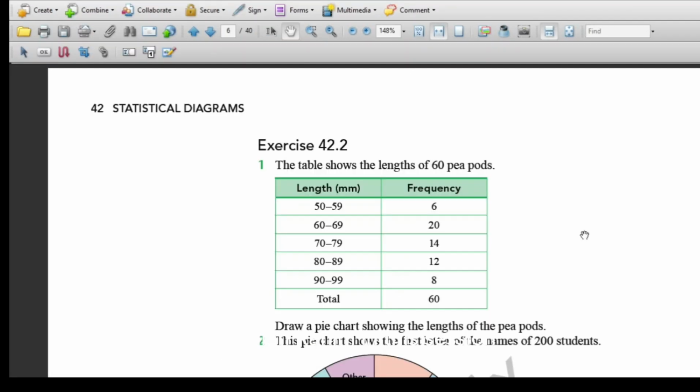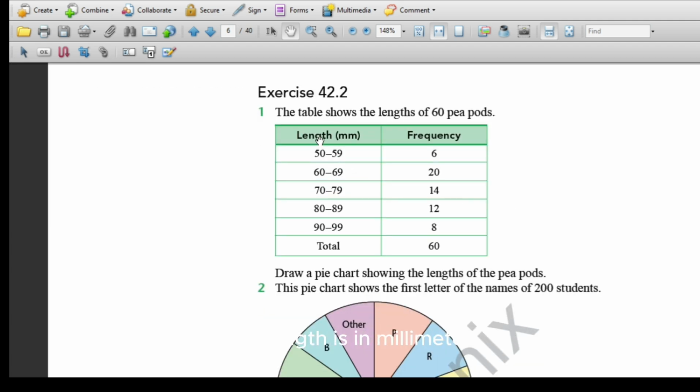42.1. Bismillah ar-Rahman ar-Rahim. In this session we will discuss exercise 42.2, that is on pie charts, and here we have question number 1. The table shows the length of pea pods, and the length is in millimeters, and the frequency or occurrence is 6.